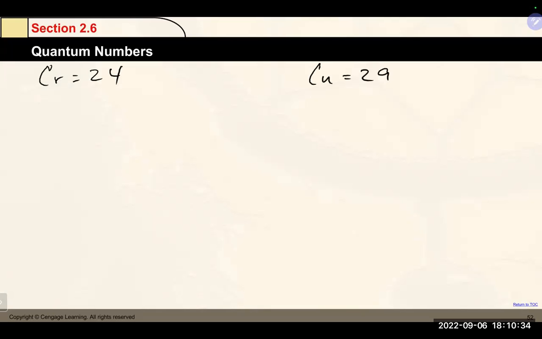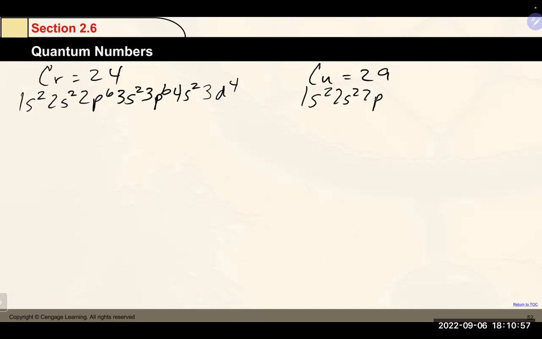If you follow the zigzag approach to electron configuration, for chromium you would end up with 1s2, 2s2, 2p6, 3s2, 3p6, 4s2, 3d4. And if you did copper, 1s2, 2s2, 2p6, 3s2, 3p6, 4s2, 3d9.